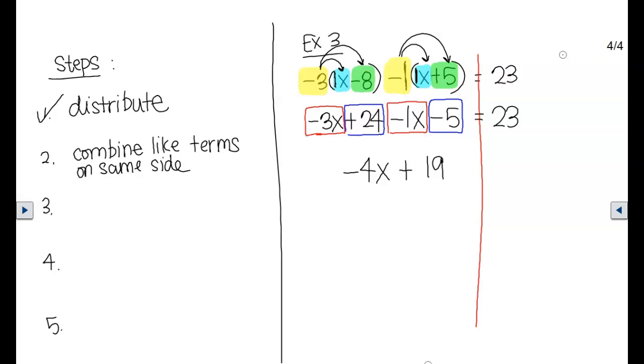So I get negative 4x plus 19. Then when I come over to this side, I only have the one term, 23, so no like terms to combine there. Combine like terms that are on the same side. Done.